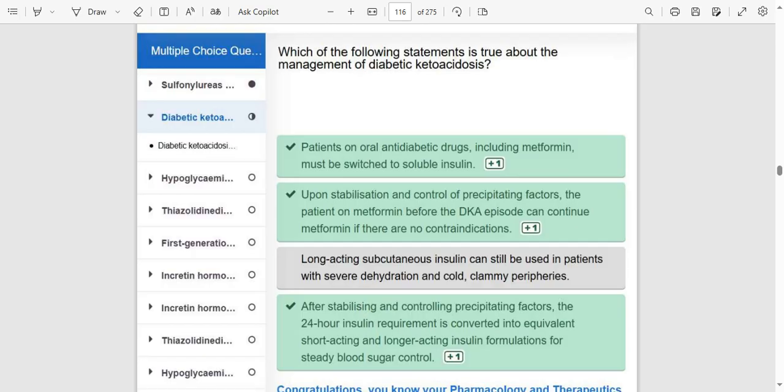And then C, long acting subcutaneous insulin can still be used in patients with severe dehydration and cold clammy peripheries. Why is this answer wrong? Long acting subcutaneous insulin can still be used in patients with severe dehydration. Why is it not correct? Anyone with a thought?